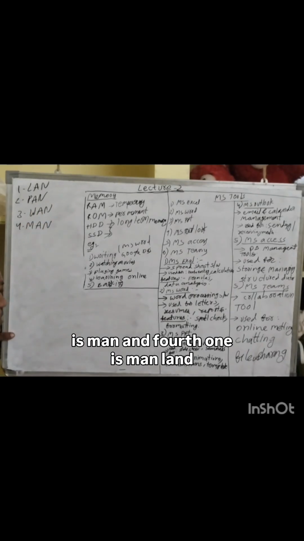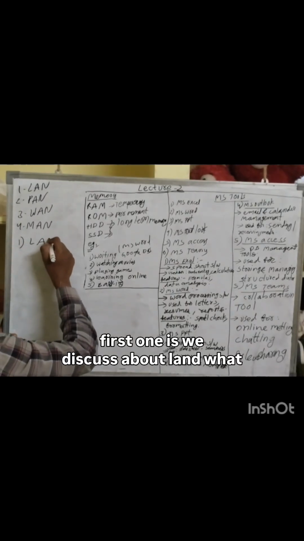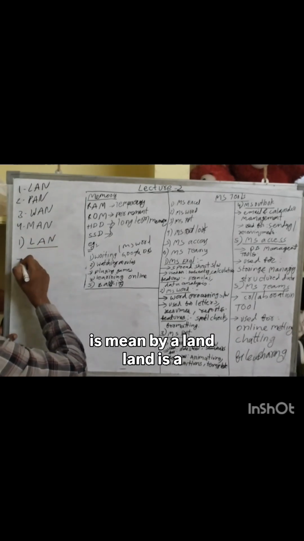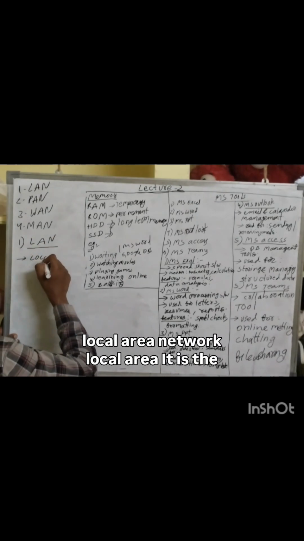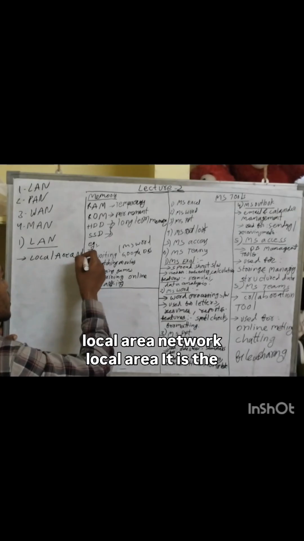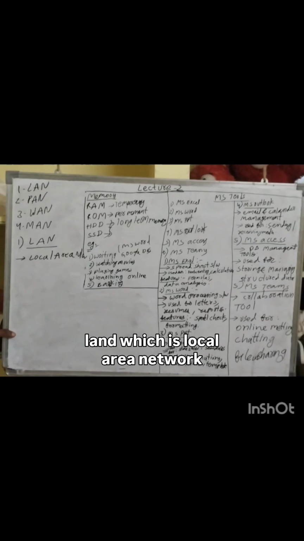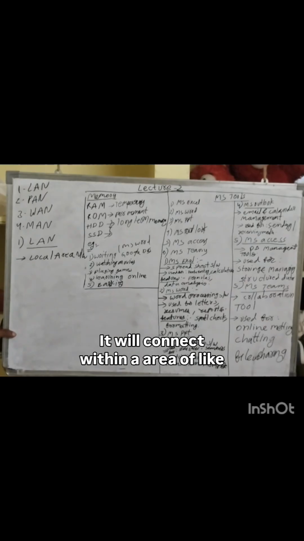First we discuss LAN. What is meant by a LAN? LAN is a local area network. It will connect within a small area, like 10 meters, like that.